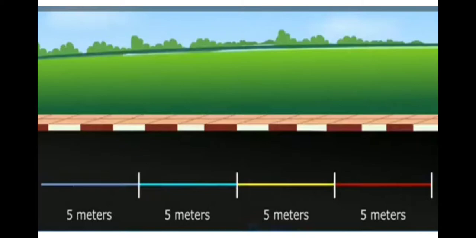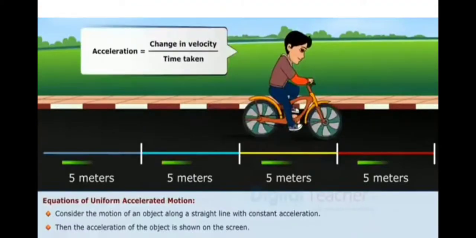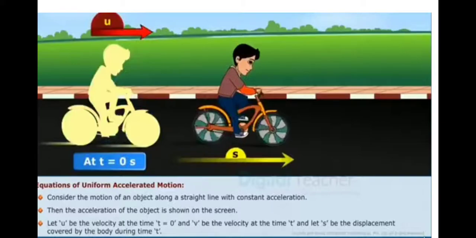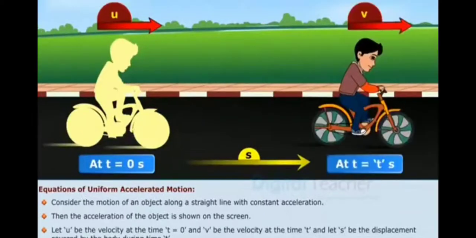Let u be the velocity at the time t equal to 0 and v be the velocity at the time t, and s be the displacement covered by the body during time t. Therefore, the uniform acceleration is shown on the screen.